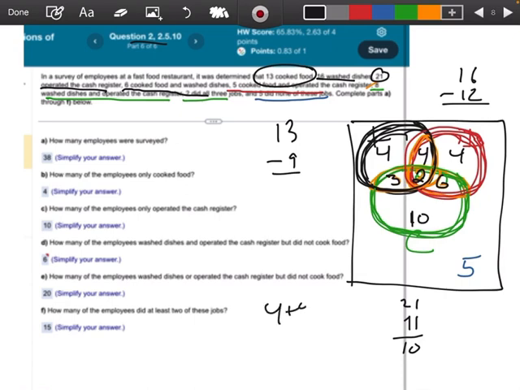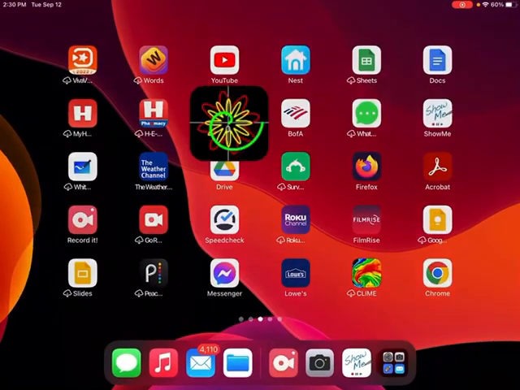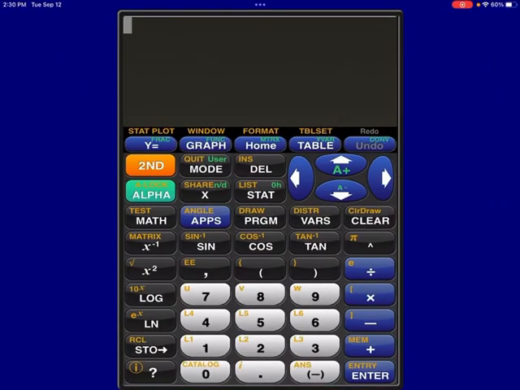So we're going to go 4 plus 4 plus 4 plus 3 plus 2 plus 6 plus 10 plus 5. Let me just add that together. I sent y'all a video yesterday about my calculator app. Here's one of them.